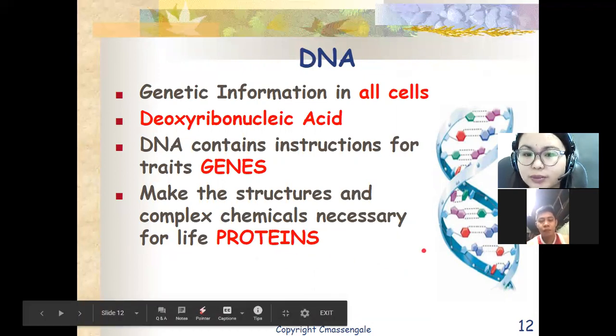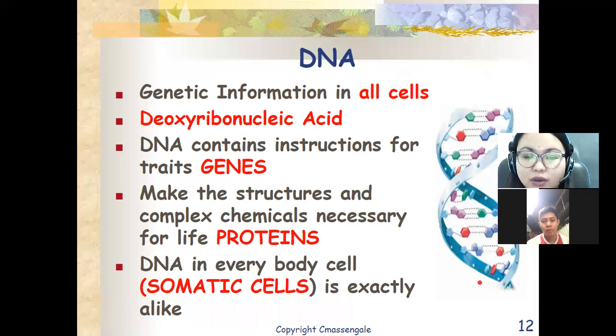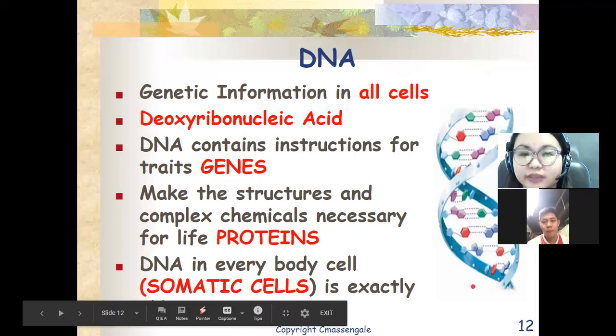Later we will also discuss how cells do this and how genetic makeup is processed. DNA in every body cell, called somatic cells, is exactly alike. All DNA is the same per individual.